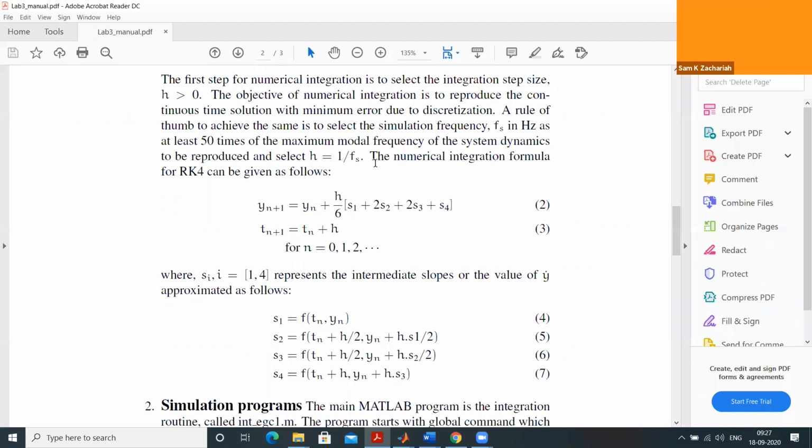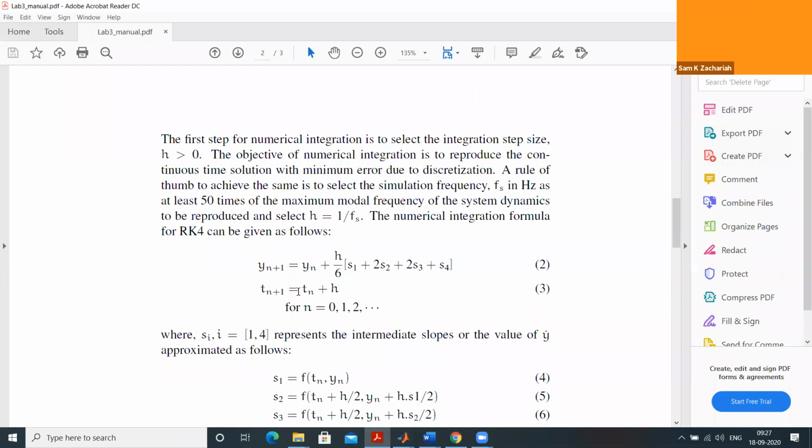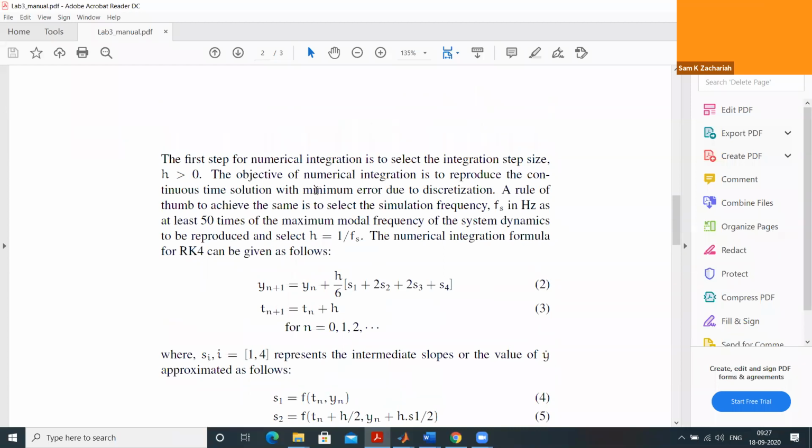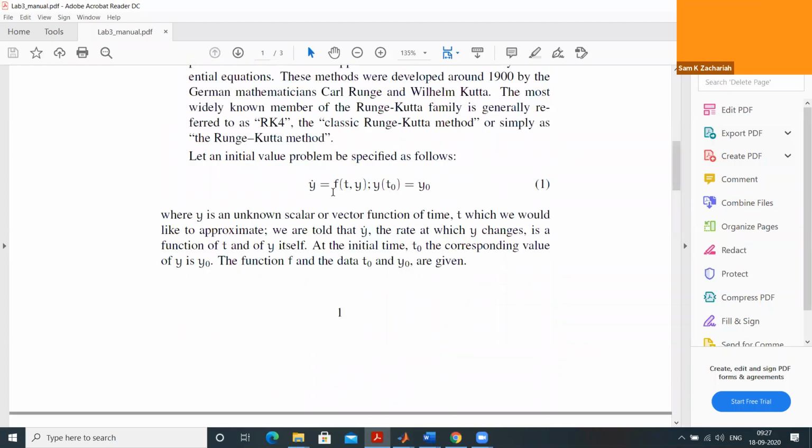Okay. Now we are going to the numerical integration routine. This is the Runge-Kutta method, RK4. I already told that our basic problem was that we have y dot only as a function of t and y. So our job is to predict future values of y given the current y.